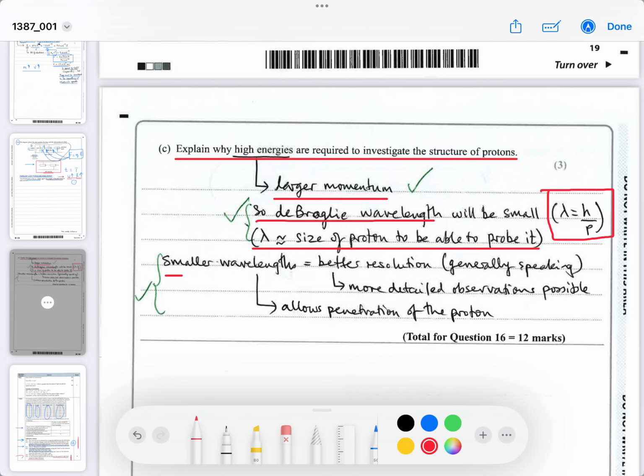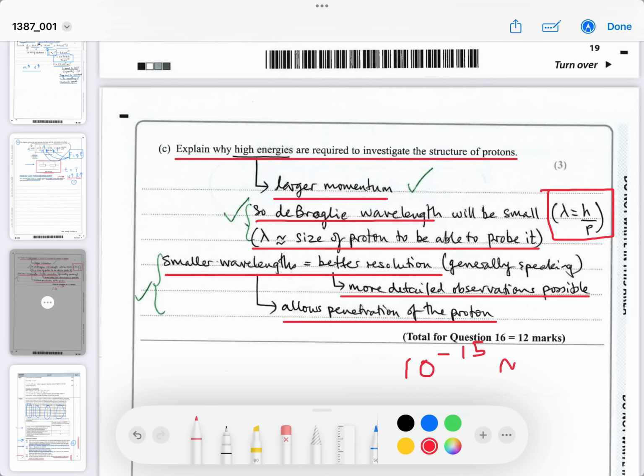Okay, and smaller wavelength leads to better resolution, generally speaking with wave theory, and it leads to more detailed observations being possible. This is a more general answer to do with why small wavelengths lead to better resolution, and therefore it also will allow, in this case, the penetration of the proton, which is, we're talking about 10 to the minus 15 meters.